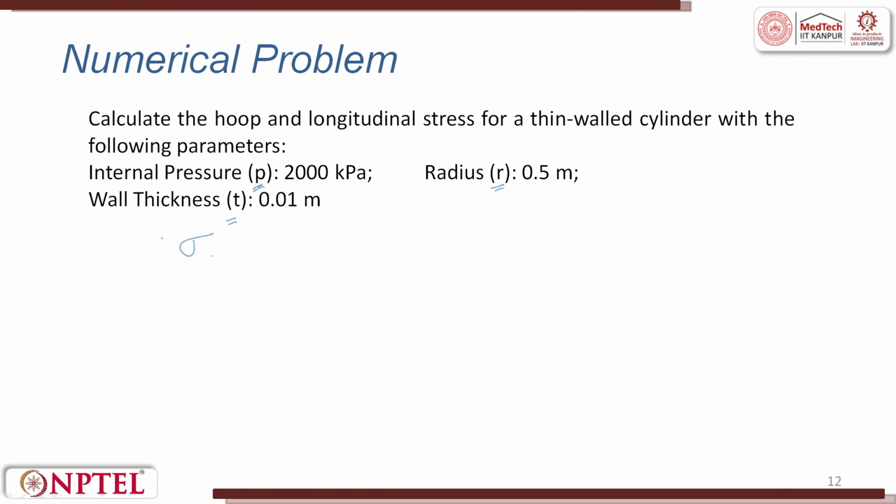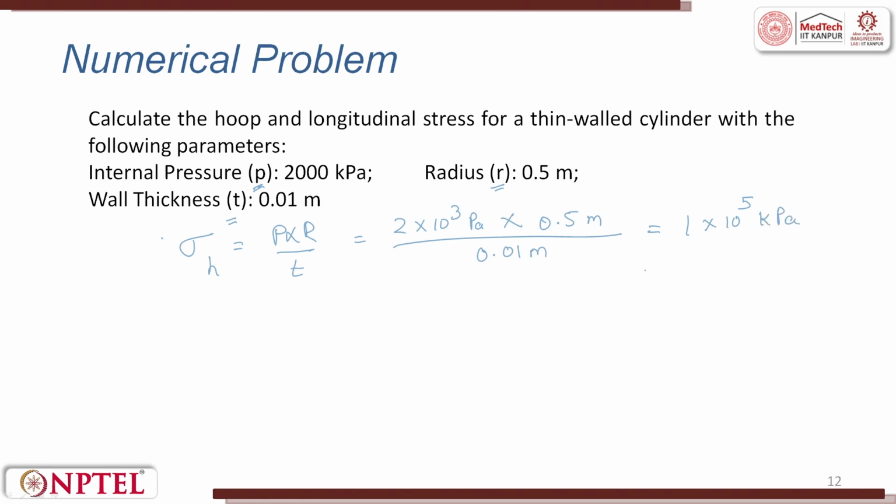Hoop stress sigma H is equal to P times R by T, which is 2 into 10 to the power 3 Pa into 0.5 meter divided by 0.01 meter, which is nothing but 1 into 10 to the power 5 kPa.